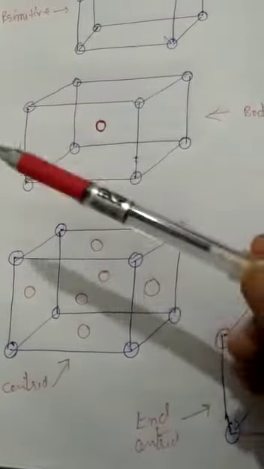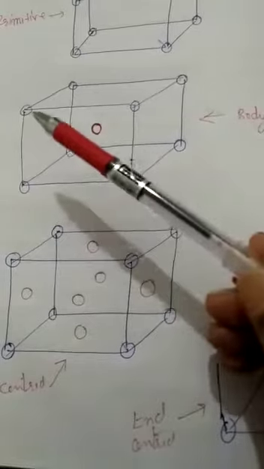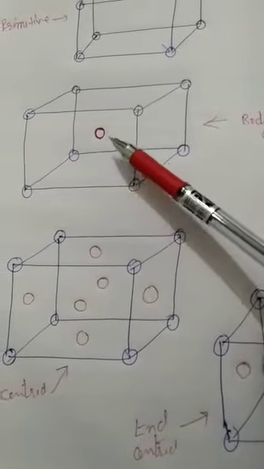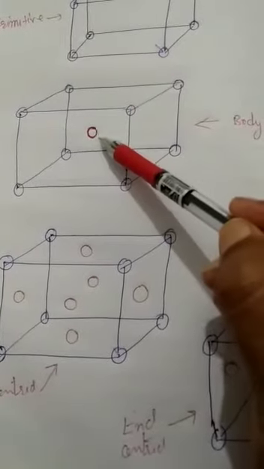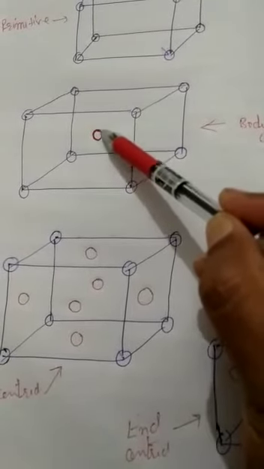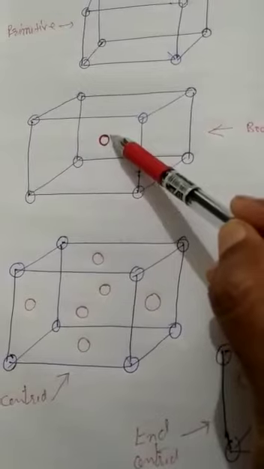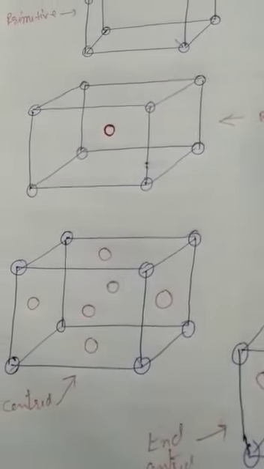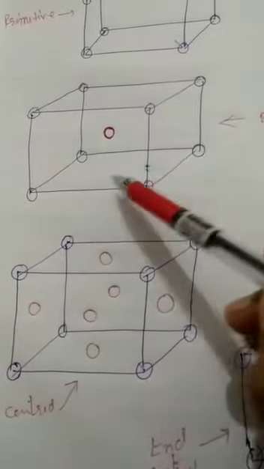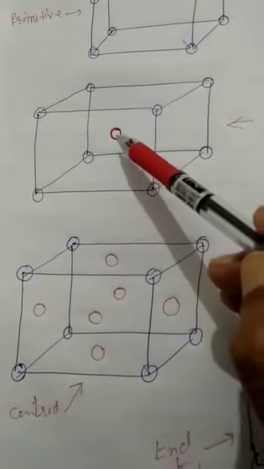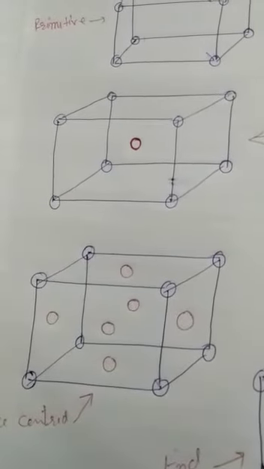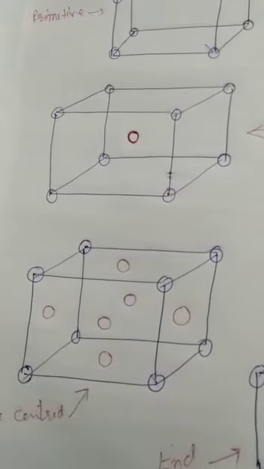It has atoms on 8 corners: 1, 2, 3, 4, 5, 6, 7, 8, and 1 atom as denoted by the red circle here. It is the center of the body. So there are 8 atoms on 8 corners and 1 atom at the center of the body. So this is what BCC is.